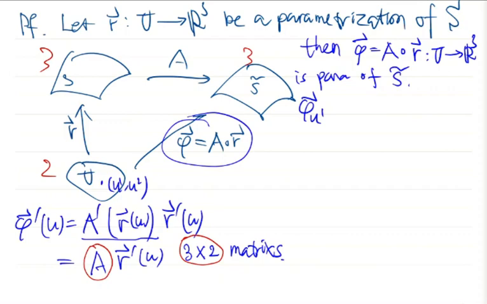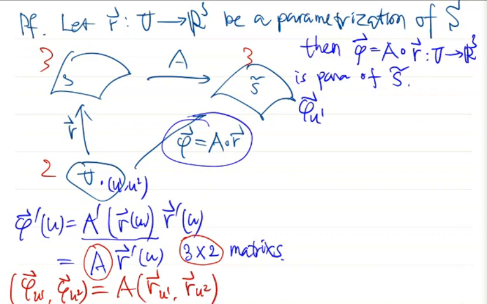So it has 2 columns. The 2 columns are precisely phi prime U1, phi prime U2, which is A R U1, A R U2. Okay, so we have this equality.